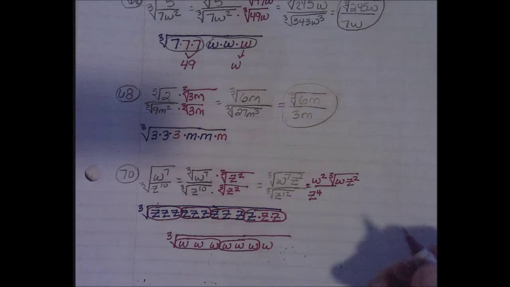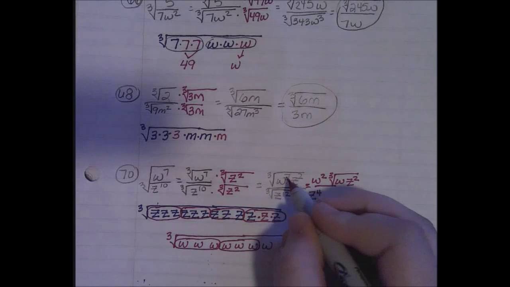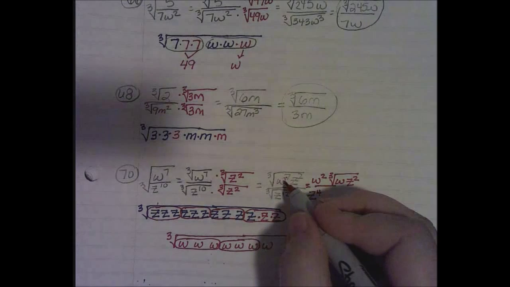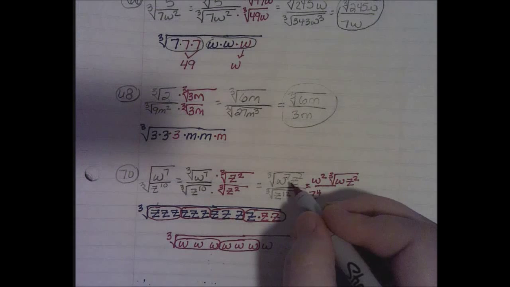Another trick you can learn is that you can divide your exponents by your index. So 3 goes into 7 2 times evenly. So that's that 2 that comes out. So the remainder of that would be 1.